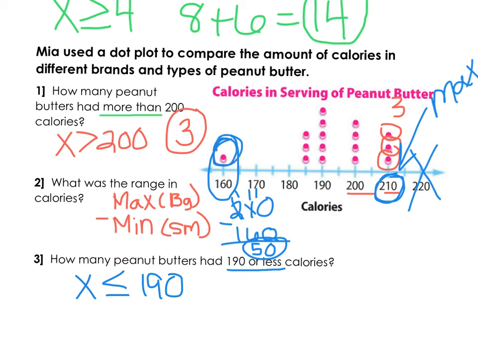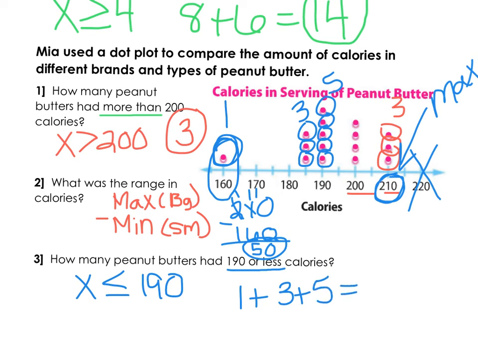Here I can see I have 1 dot. Then I have 1, 2, 3 here. And we are going to include the 190, so I'm going to count 1, 2, 3, 4, 5 here. So 1 plus 3 plus 5 is 9 peanut butters that have 190 calories or less.